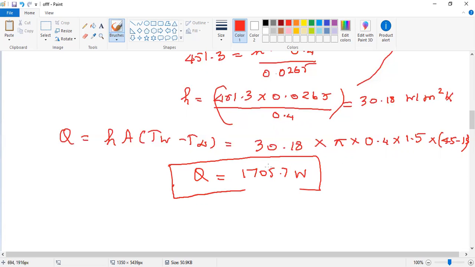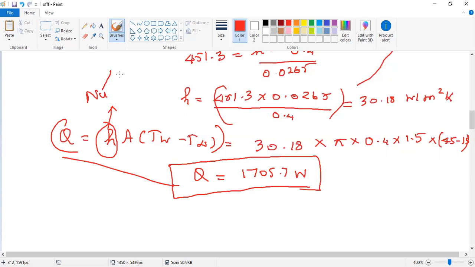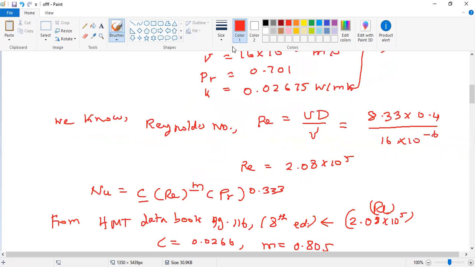Okay, so we know this is the formula for heat losses or heat transfer rate. First we find out the heat transfer coefficient. Based on the heat transfer coefficient, we need the Nusselt number, and we need the Reynolds number, that is UD divided by kinematic viscosity.